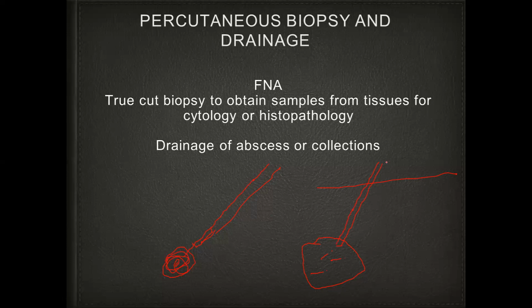This is the Seldinger technique. Then we put a guide wire through the needle here. Then we can remove the needle and do dilatation of this tract with dilators, and finally put a pigtail catheter to drain this collection.